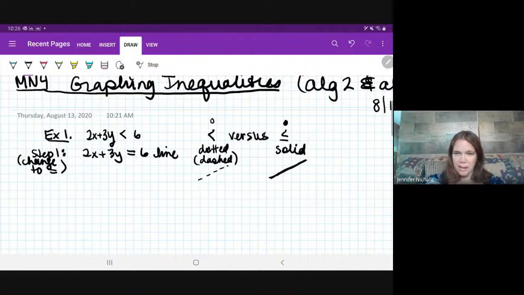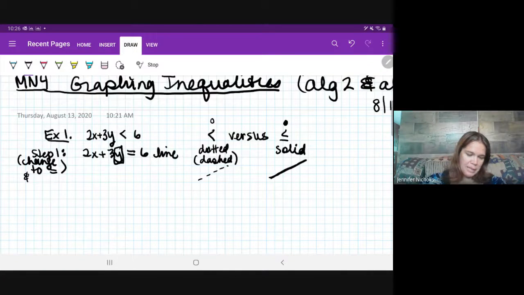And how'd you graph lines yesterday? So how'd you do this as a line? I'm going to put a box around y. How'd you guys do this? Slope. How do I turn it into something I can find the slope for?